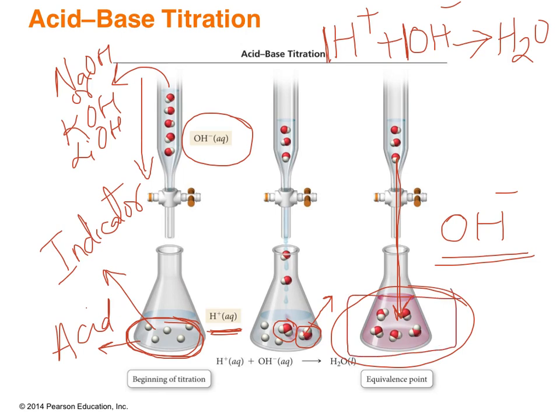So once that extra OH minus comes in, you will see the color of the solution change from colorless to pink. The other information you get when the solution turns pink is that all the acid, the H pluses, are completely used up.